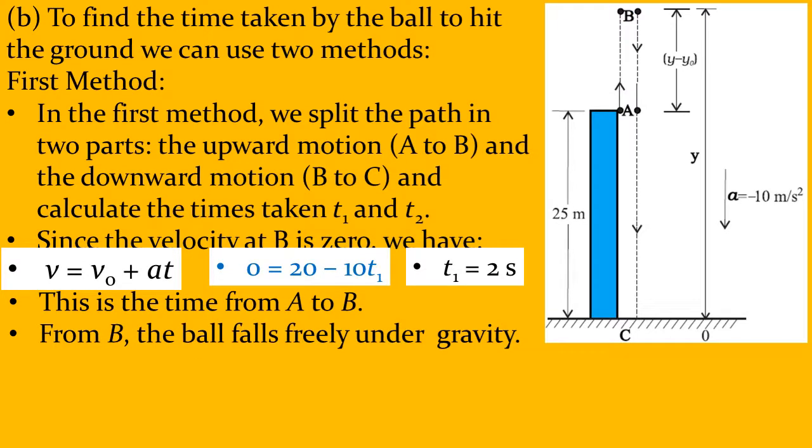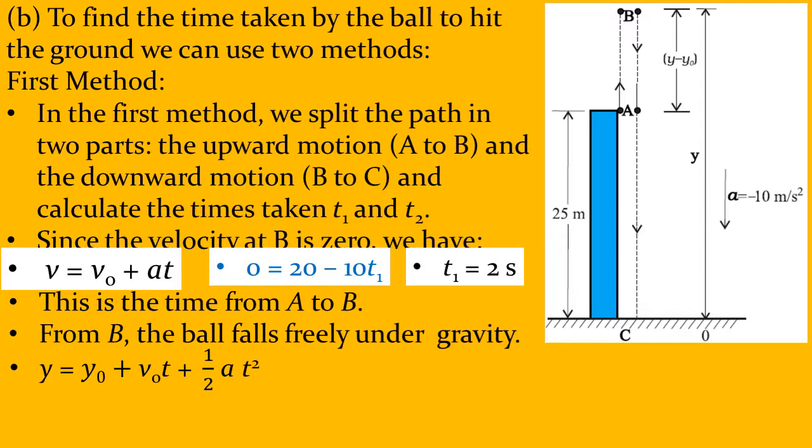Now, the ball from B to the ground C falls freely under gravity. So I can apply the second equation, y is equal to y naught plus v0 t plus half at square. This is that equation x is equal to x naught plus v naught t plus half at square.